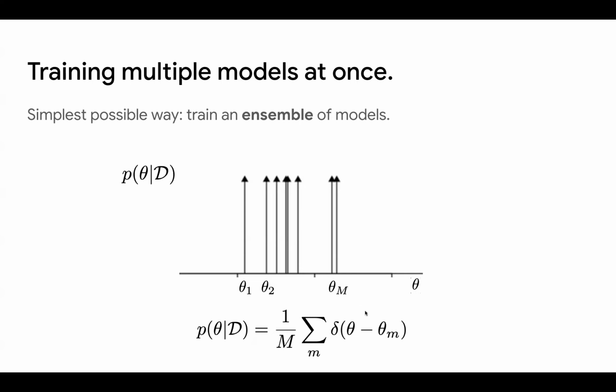So if you're not familiar with this Dirac notation, it means it takes infinite value when the argument is 0, and it's 0 when the argument is non-zero. Okay, so it's like a huge bump at one point. And if you integrate over this Dirac function or distribution, then you should get 1. Okay, so it's like a distribution as well.